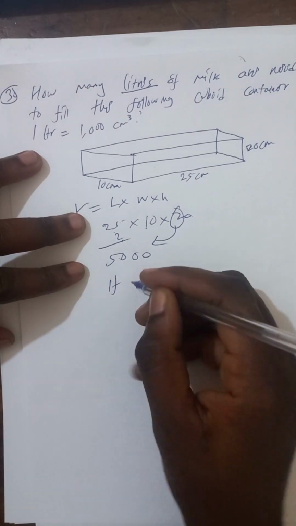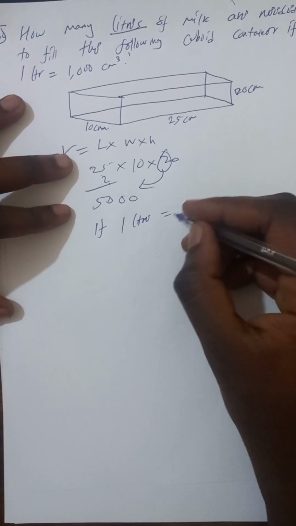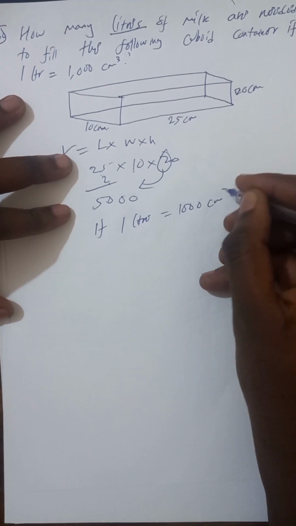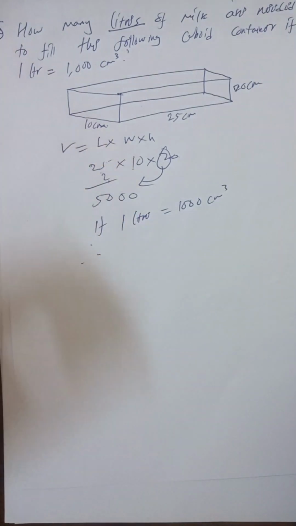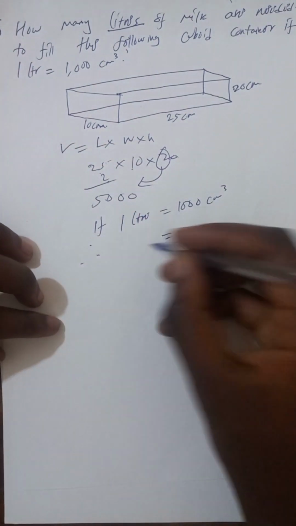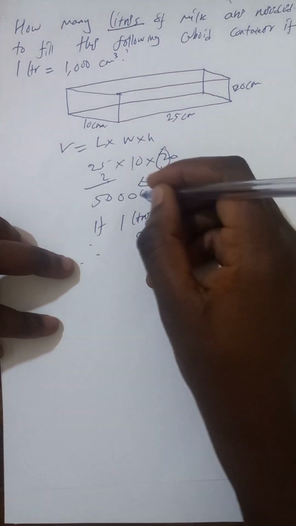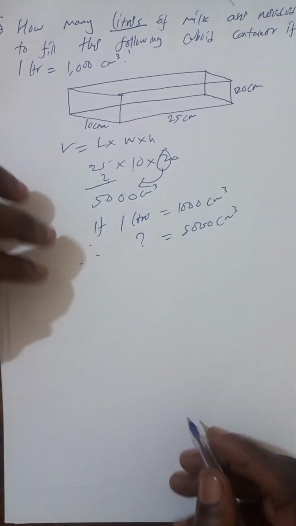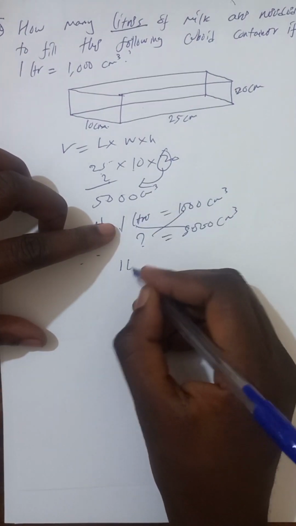Then use if method. If 1 liter is equivalent to 1,000 cubic centimeters, then, or this sometimes people call it therefore, of course, then how many liters will 5,000 cubic centimeters be? You crisscross multiply. Number up.